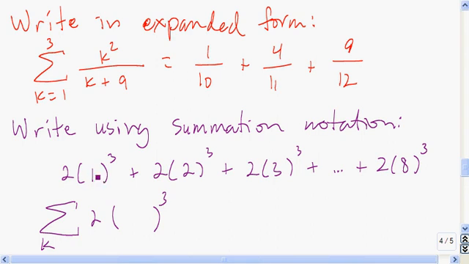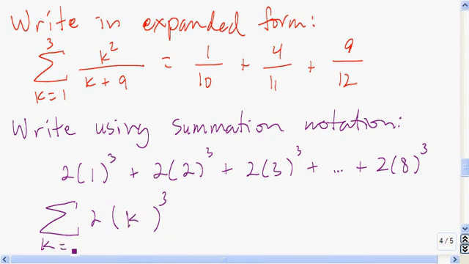It's what is inside the parentheses here. Each term inside the parentheses is 1 higher than the term before it. That's going to indicate what the k goes for. So it's 2 times k cubed.